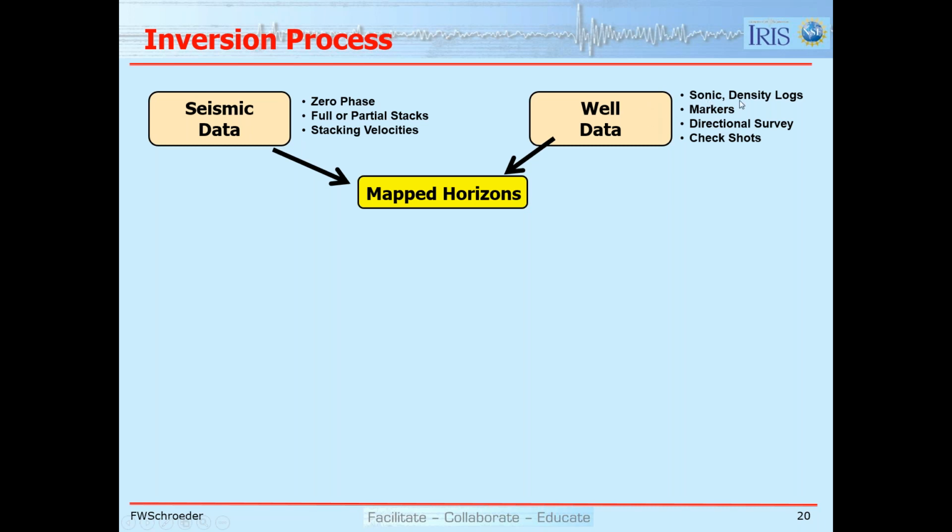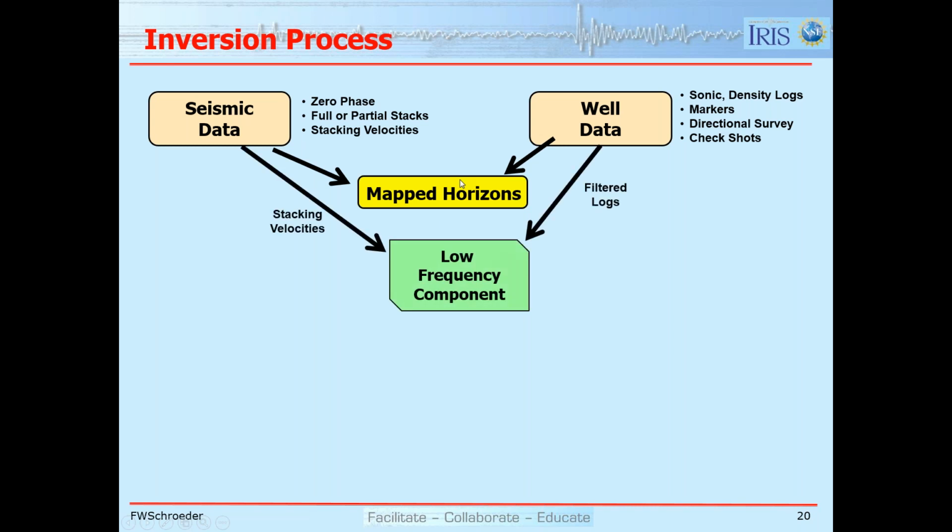For the well data, we have sonic and density logs, markers, and check shots, and ultimately we'll combine the seismic and the well data to get a series of mapped horizons.